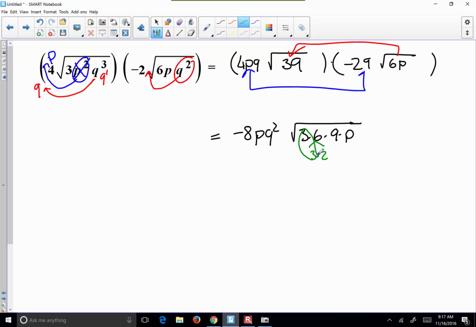This double 2 also comes out as 3, gone as 3, because 3 squared comes out as 3. And we have 3 times 8, 24, pq squared, 2pq. Same answer, different approach. Your choice. Okay? I just solved it 2 different ways.